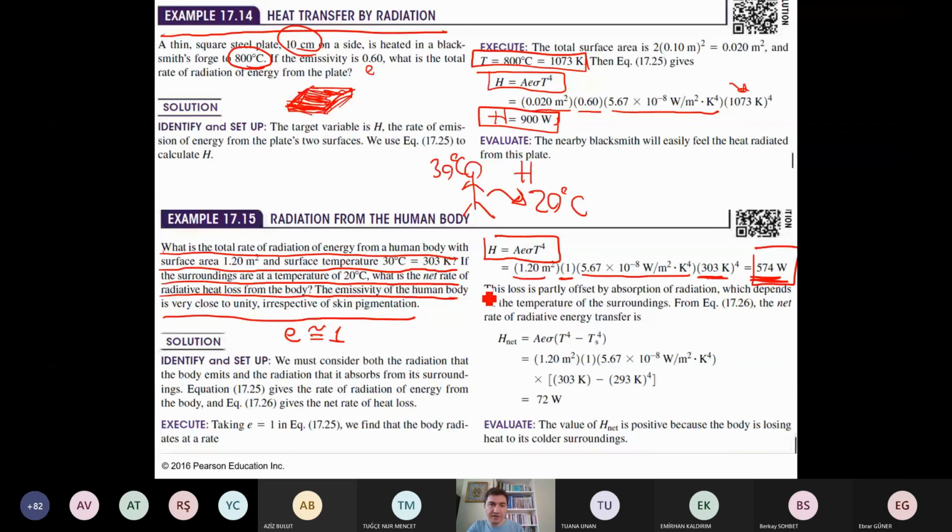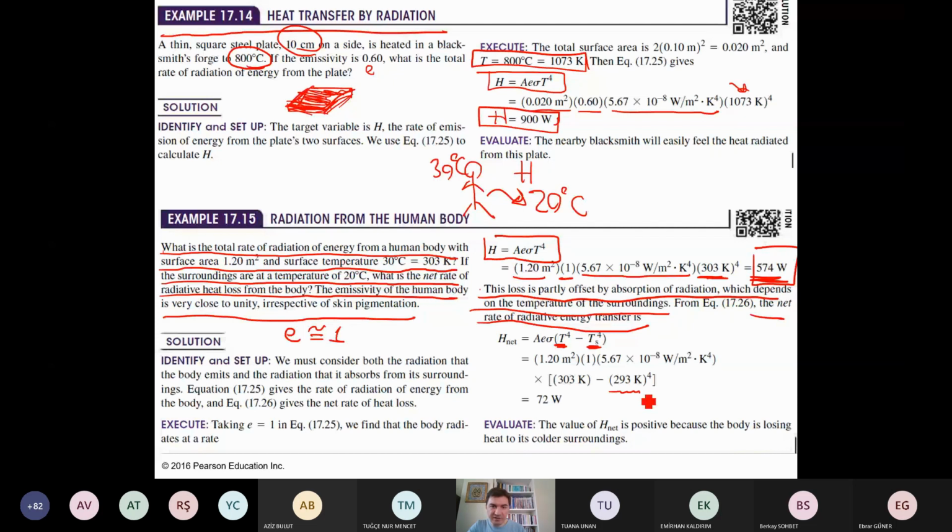This loss is partly offset by absorption of radiation, which depends on the temperature of the surroundings. This is the net rate of radiative energy transfer. This is the temperature of the body, and this is the temperature of the surroundings. It is given as 293 Kelvin, but in the question it is 20 degrees Celsius.